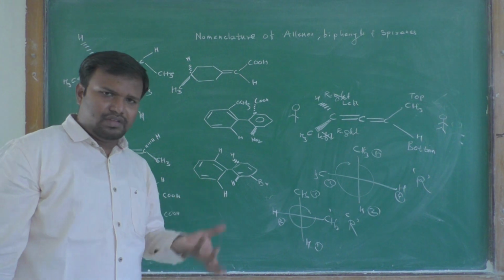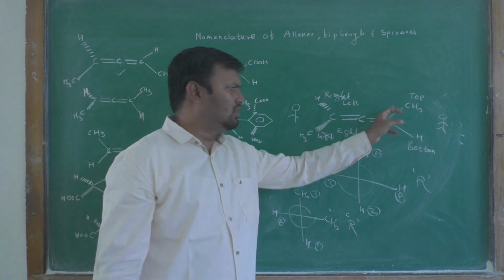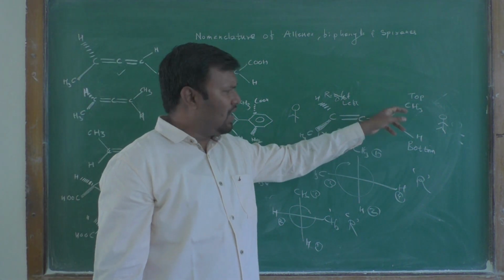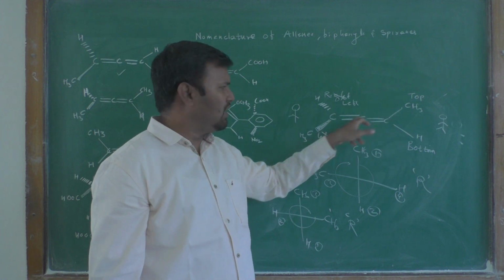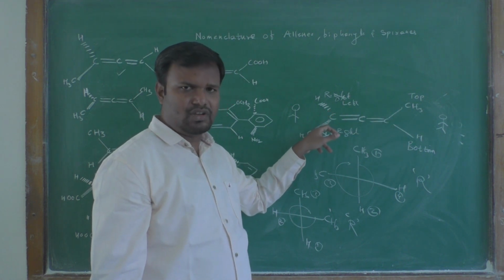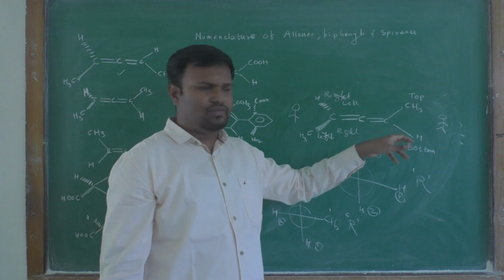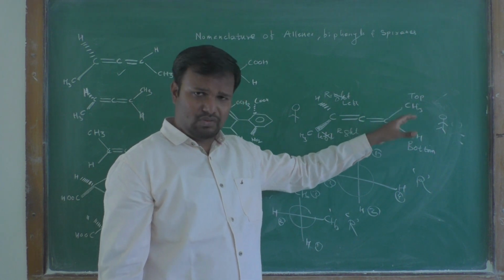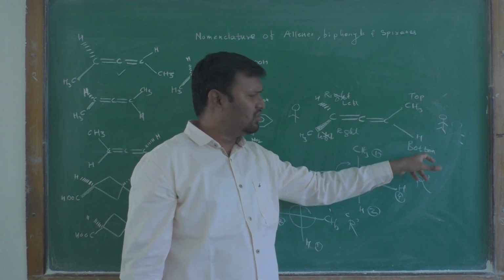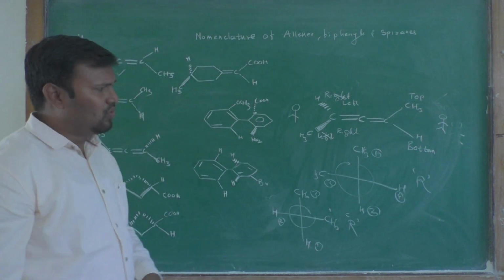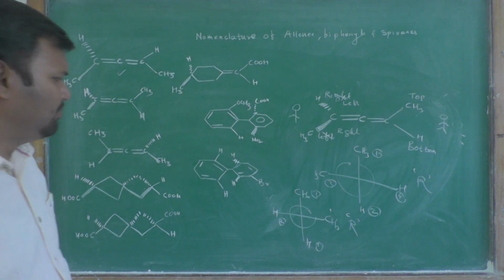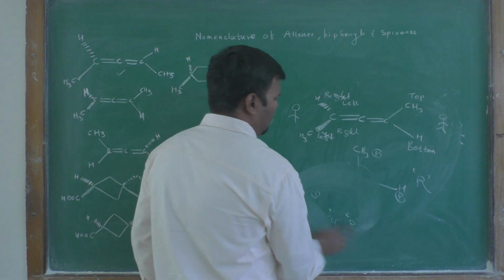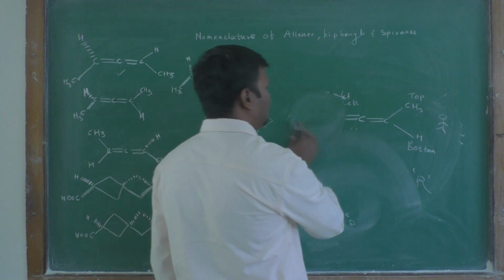You have to remember these things. For the lines in the plane, if not shown by dotted or wedge solid lines, you have to show one as the top and the other as the bottom, and you can easily predict the configurations in alkenes also.